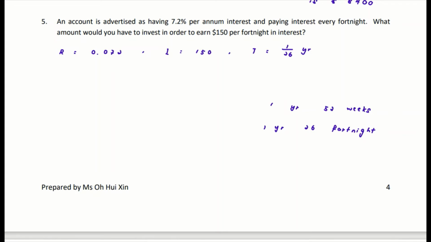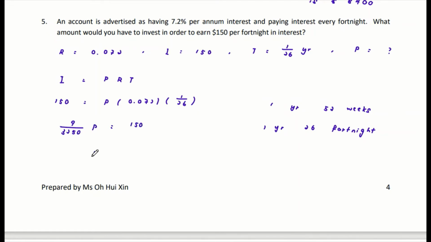So that's the idea. Now we want to find out what amount of money we need to invest. So the same thing, we are finding the principal here. I will be equal to PRT. We have our I, which is 150, equal to the principal, which is what we want to find, times 0.072, the interest rate, times the timeline here, 1/26. All right, after we substitute and multiply them together, you'll be able to get 9/3250 P equal to 150.